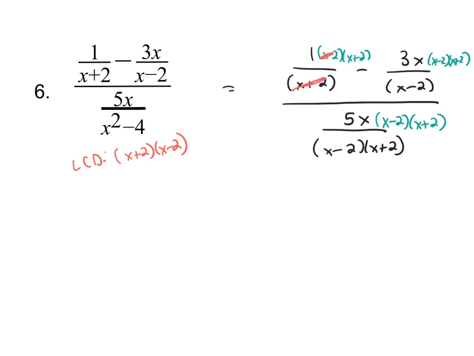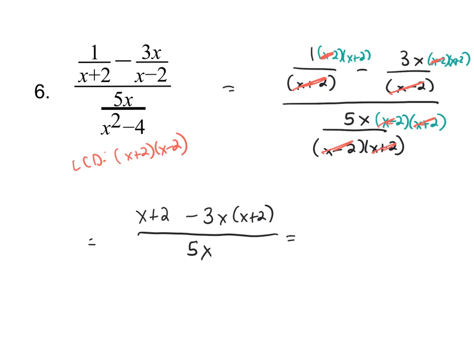And then a bunch of stuff will cancel. So on the top, I'll get x plus 2 minus 3x times x plus 2, all over just 5x.